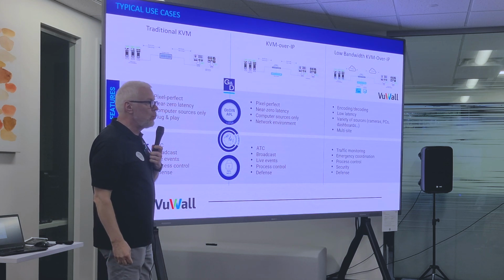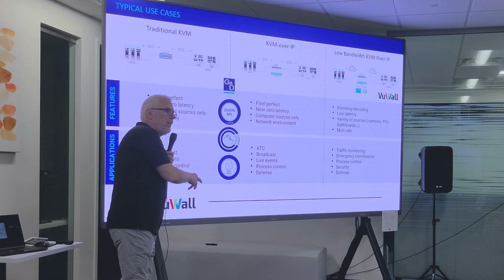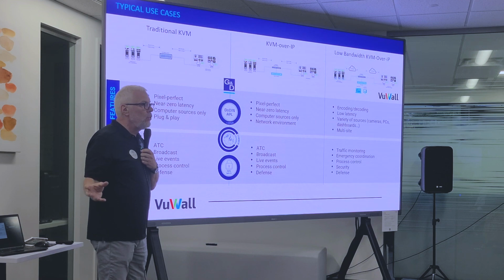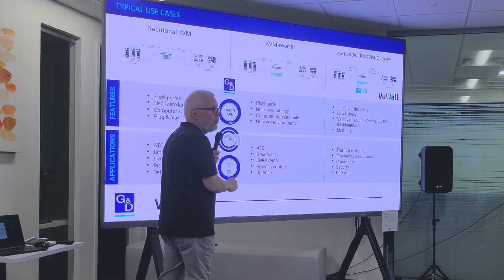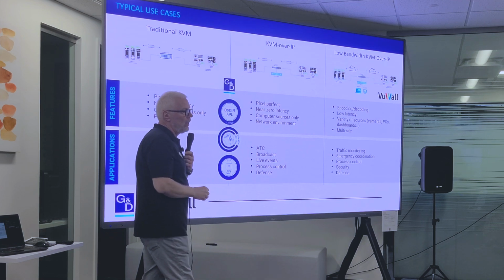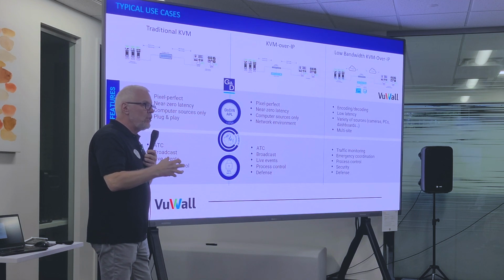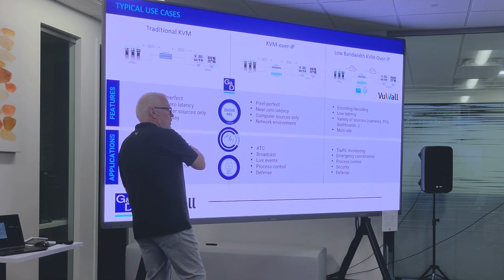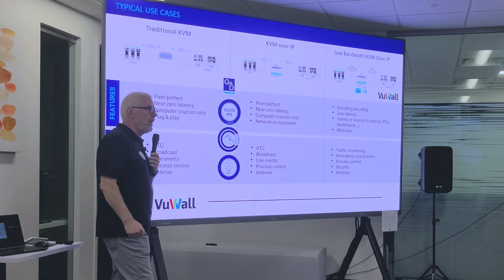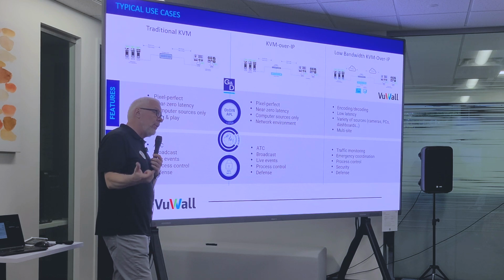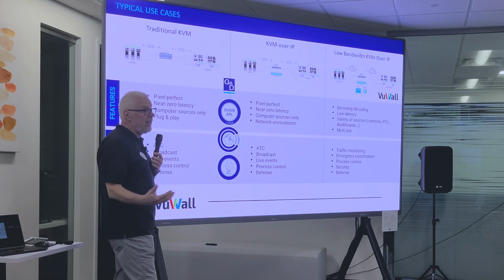For example, in a control room where you need pixel perfect on your desktop, you may be ready to accept a 4:2:2 encoding on the video wall. And with VuWall and G&D working together through the same software, we'll be able to manage all those different display surfaces together. That makes it much easier for integrators to deploy and easier for end users to use.